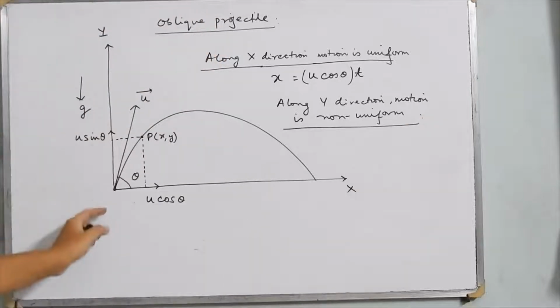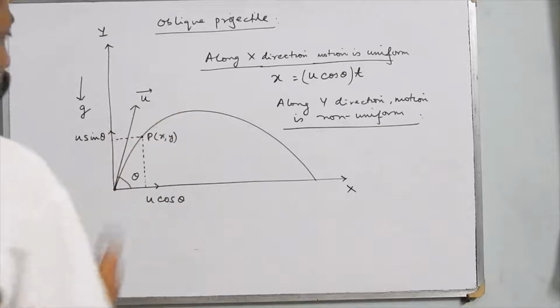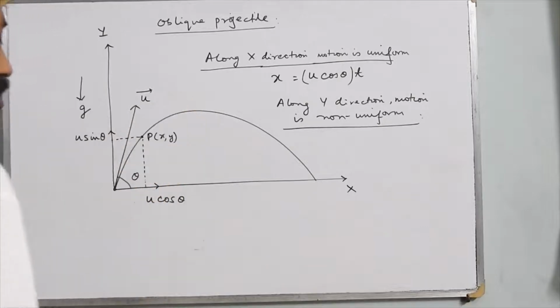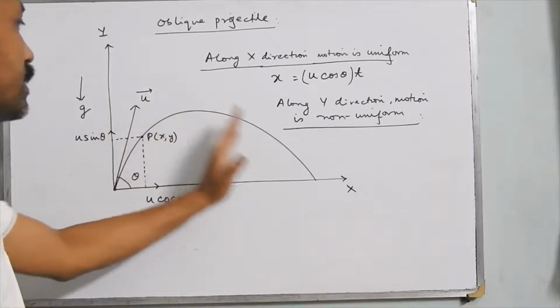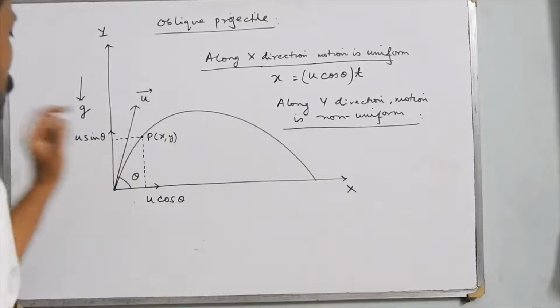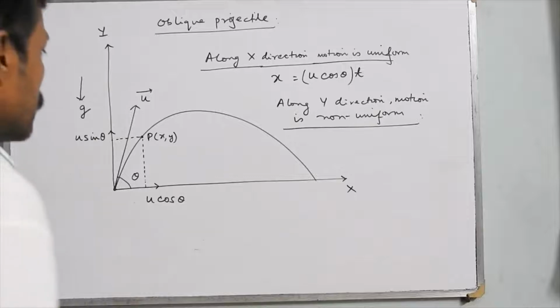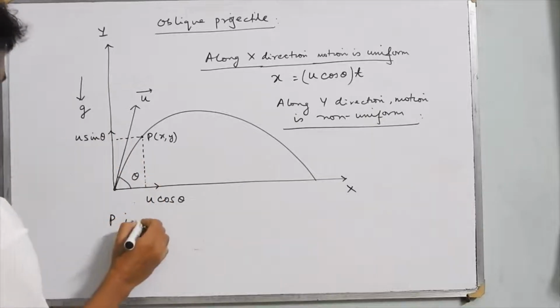So it is partly retarded and then accelerated. The first part of the journey up to the maximum height that it will achieve is retarded and then it is accelerated. So with respect to the instantaneous position, that is position at time t, remember that P is position at time t.